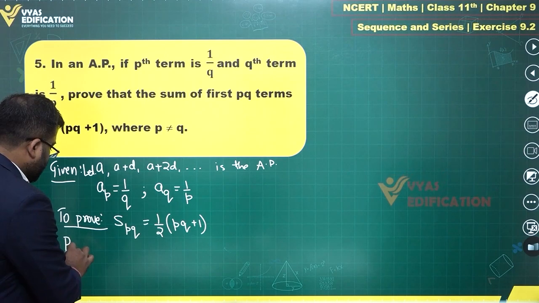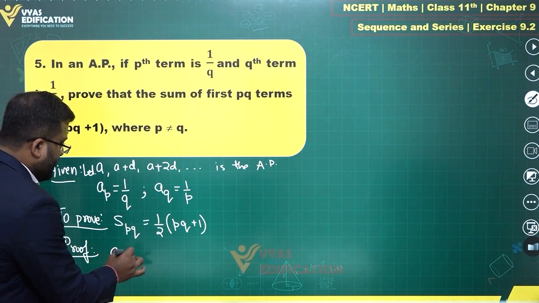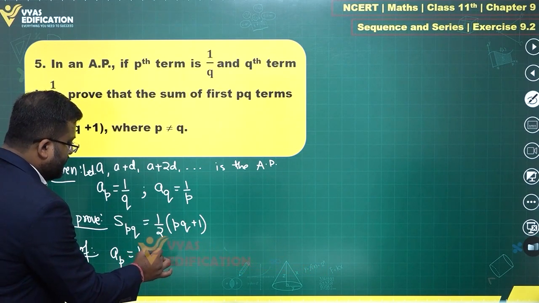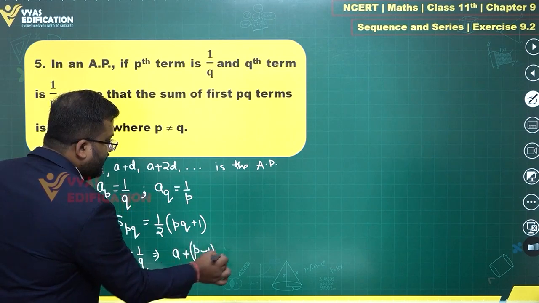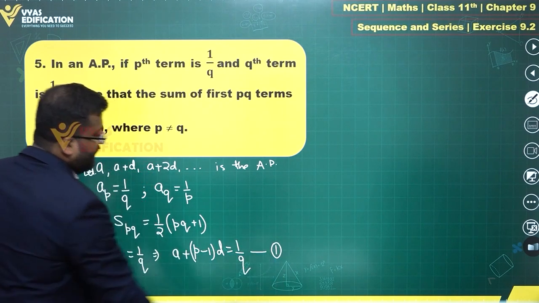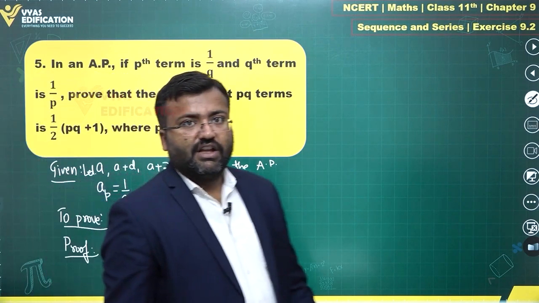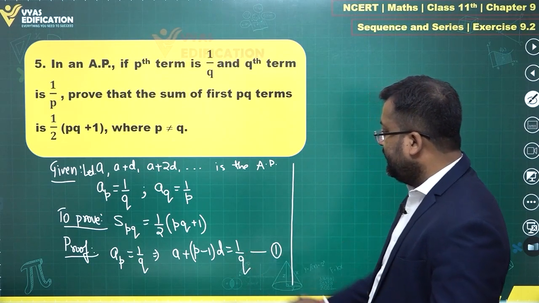So let's start with the proof from here. AP is equal to 1 upon Q, and what does that tell me? AP will be A plus P minus 1 D, which is equal to 1 by Q. Let's call this equation 1. What else?